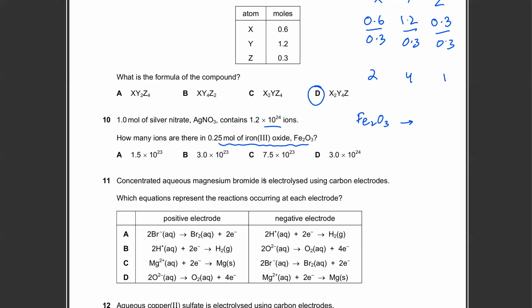In 1 mole there are 5 ions, because there are 2 Fe ions and 3 oxide ions, right? It's a ratio of 1 to 5, so 1 has 5 ions. So if you have 0.25 moles, how many ions would you have?